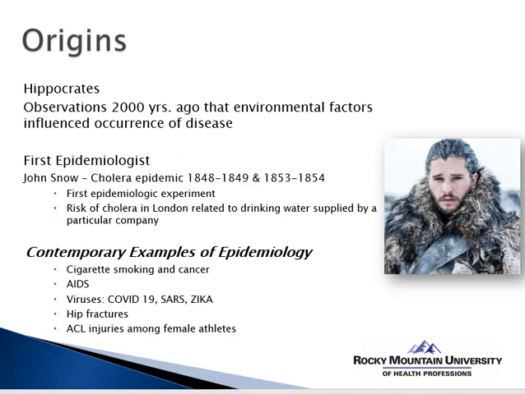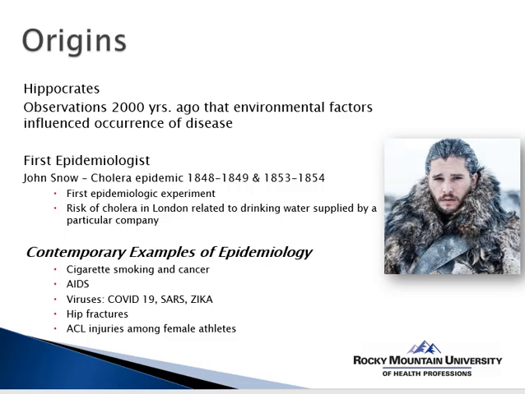Hippocrates observed more than 2,000 years ago that environmental factors influence the occurrence of disease. Hippocrates is not cited as the first epidemiologist. That title goes to John Snow. And John Snow was involved with the cholera epidemic.